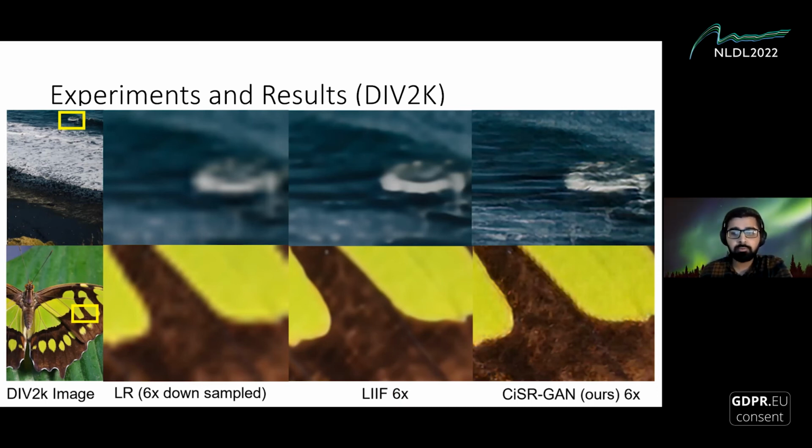LIF is mostly blurry for out-of-scale super resolution because it smooths out the textural information. At the same time, our method maintains all the desired properties of an implicit neural network. That is, a single model can perform super resolution at higher scales even if the model is not trained for it.